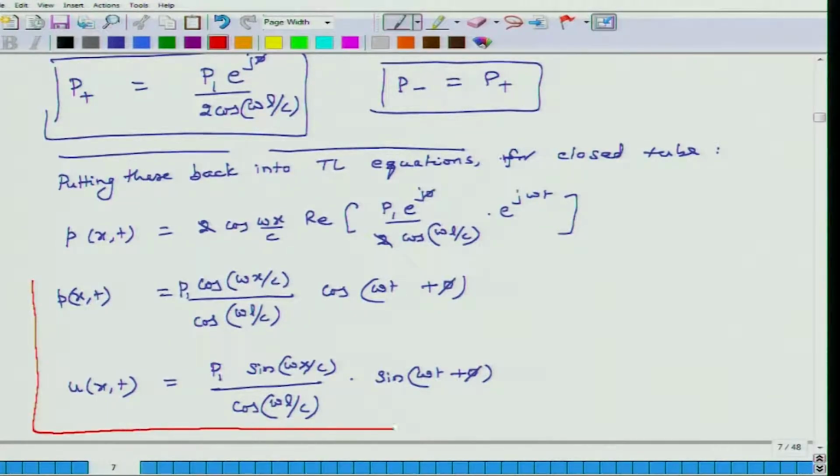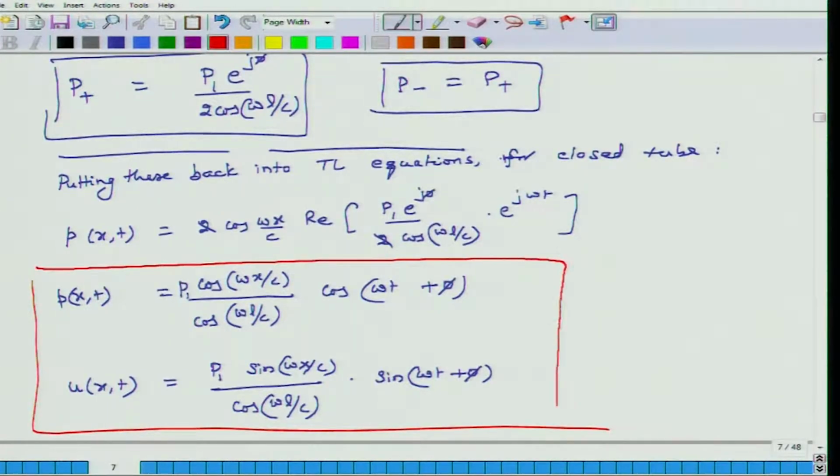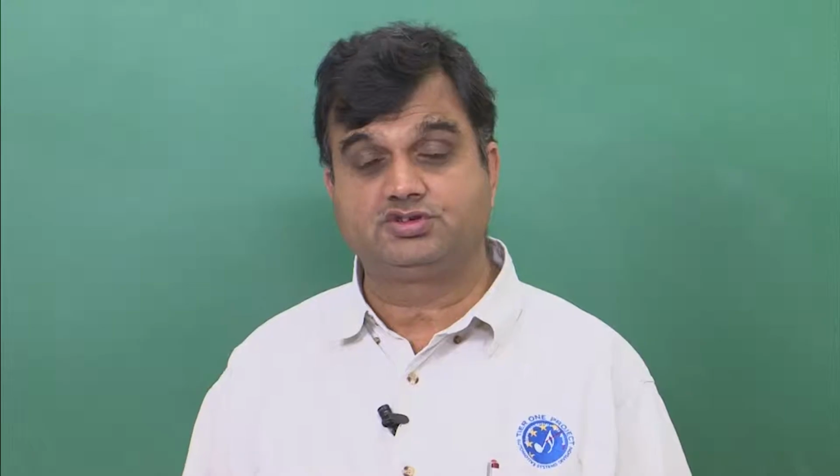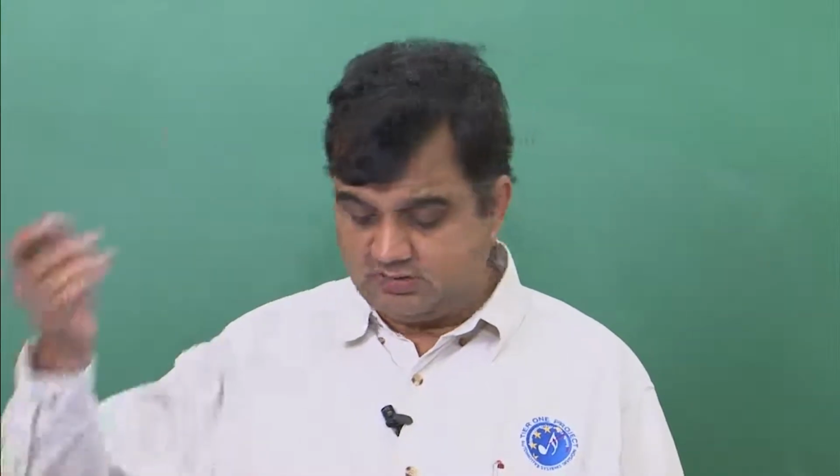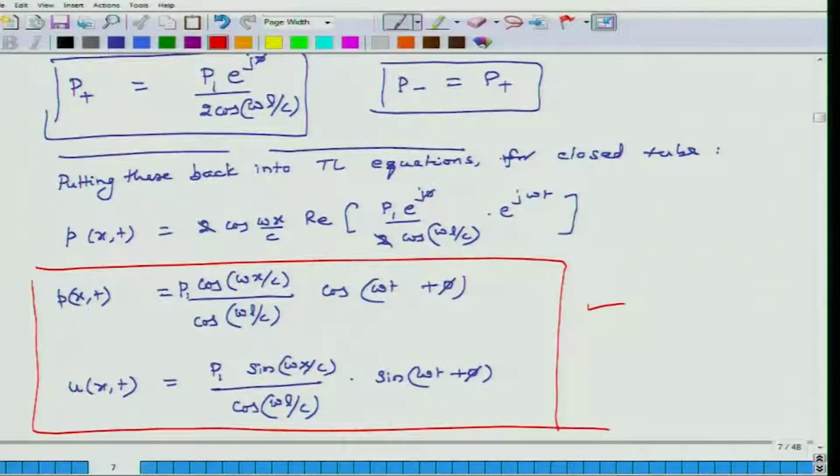So these are the final equations representing pressure and velocity function as they exist in a closed tube, where the closed end of the tube is at x equal to 0, and the open end is where the pressure is prescribed as some cosine function. So once we have these two boundary conditions, this is the solution which we get, and this brings us to the closure of this particular lecture.